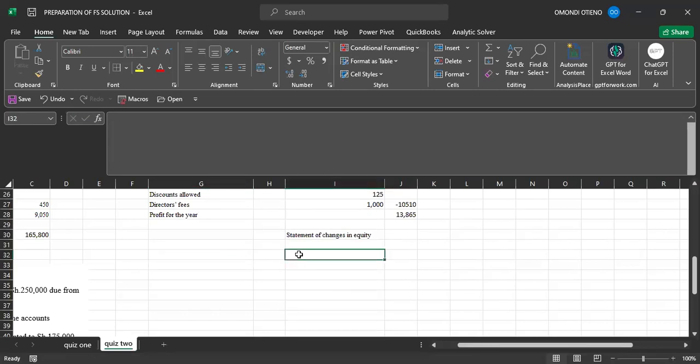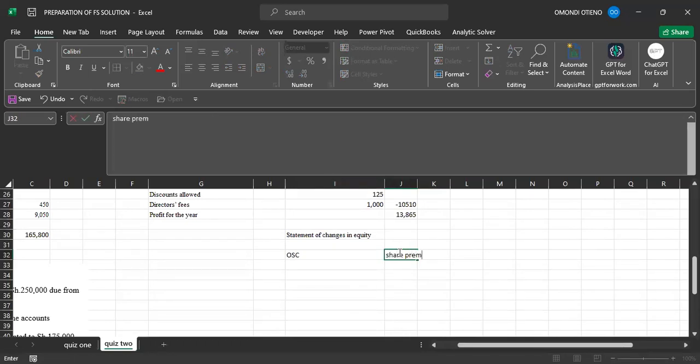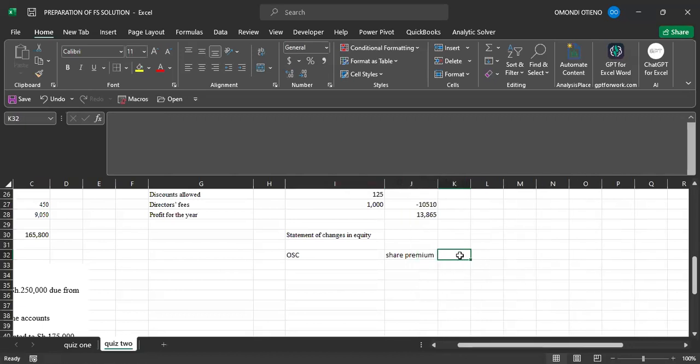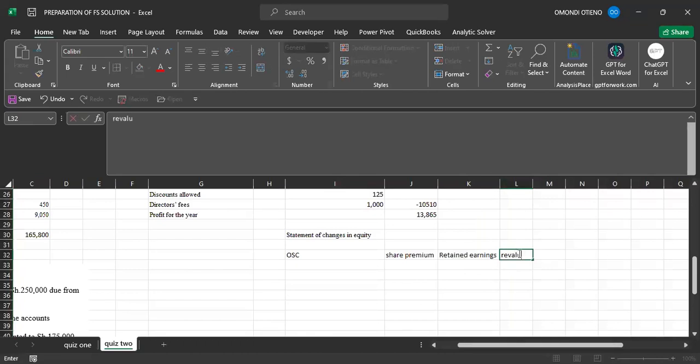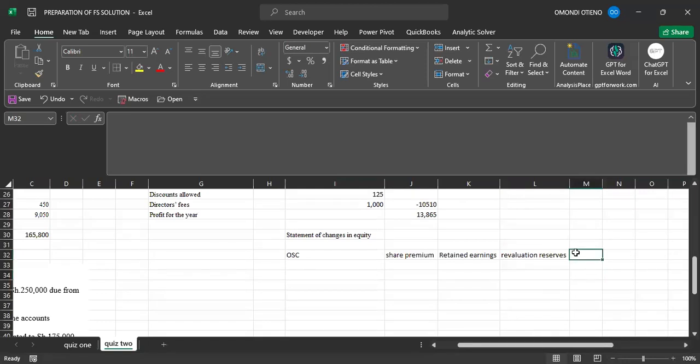We are going to have ordinary share capital, share premium, retained earnings, revaluation reserves or fair value adjustments reserves, and general reserve.